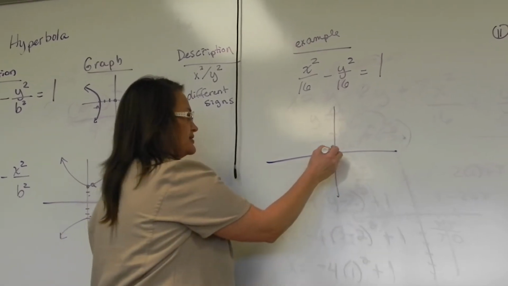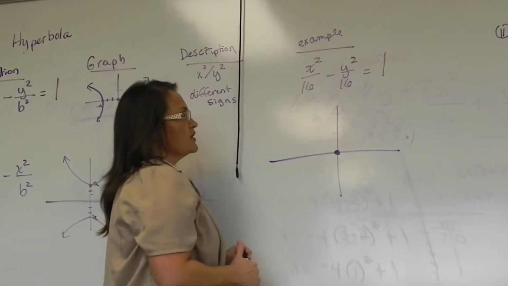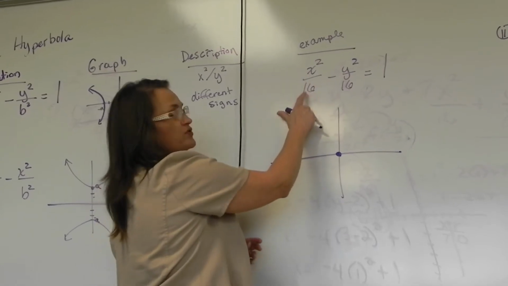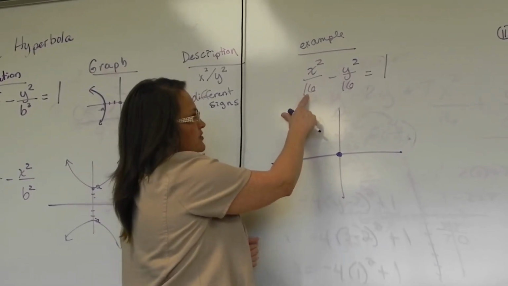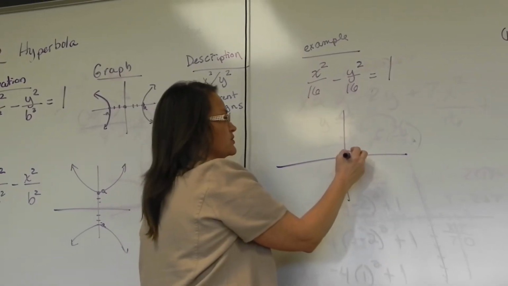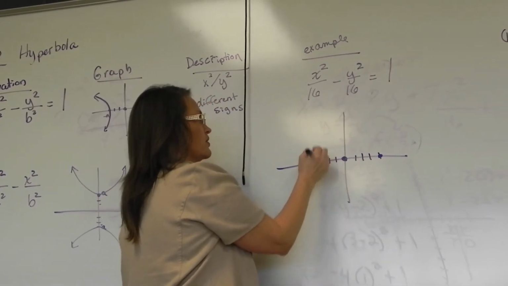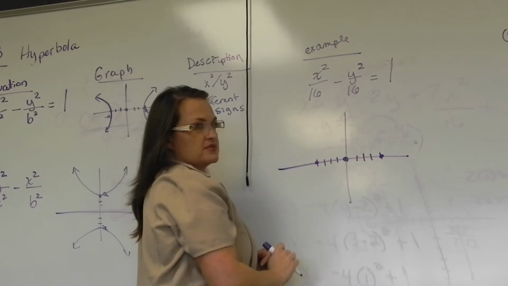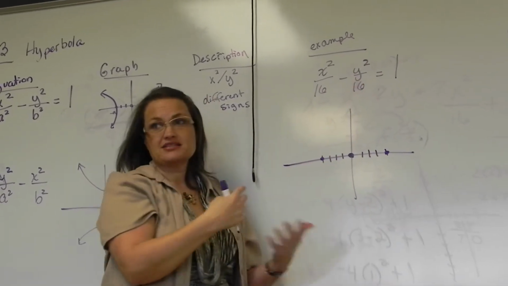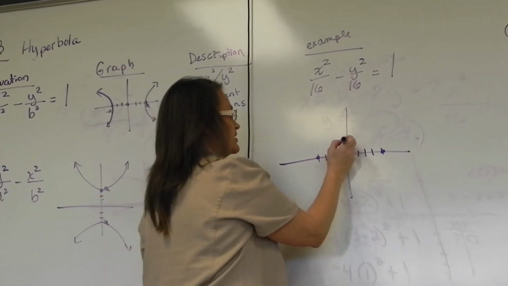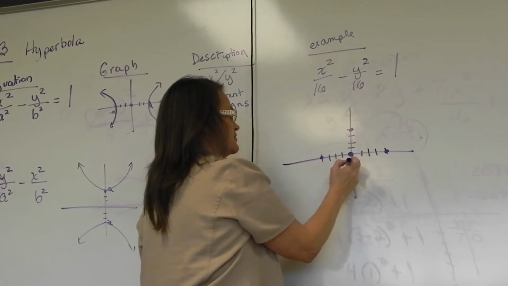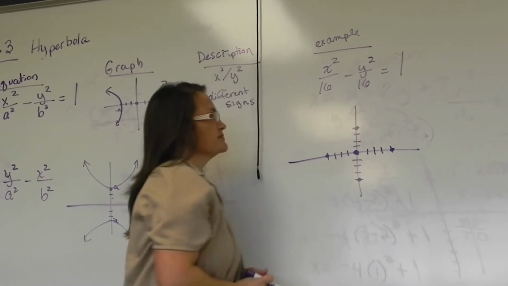It's centered right at 0, 0. And then we take the square root of what's under the x squared, so that represents something squared, so again we square root it. It's 4, so we go 4 on the x-axis, and just so happens this one has the same coefficient, it's 4 again. So we're going up and down by 4s.